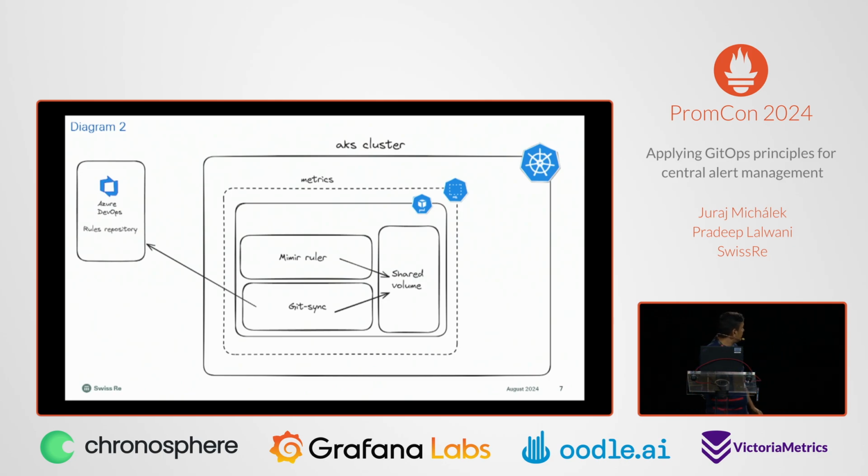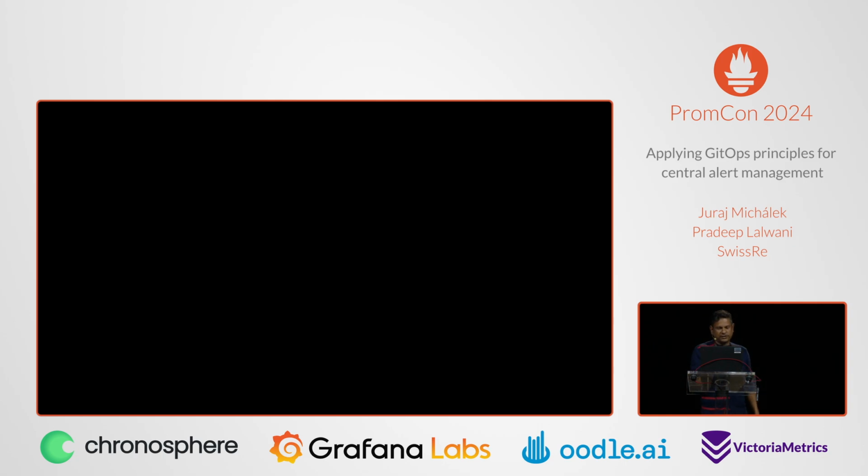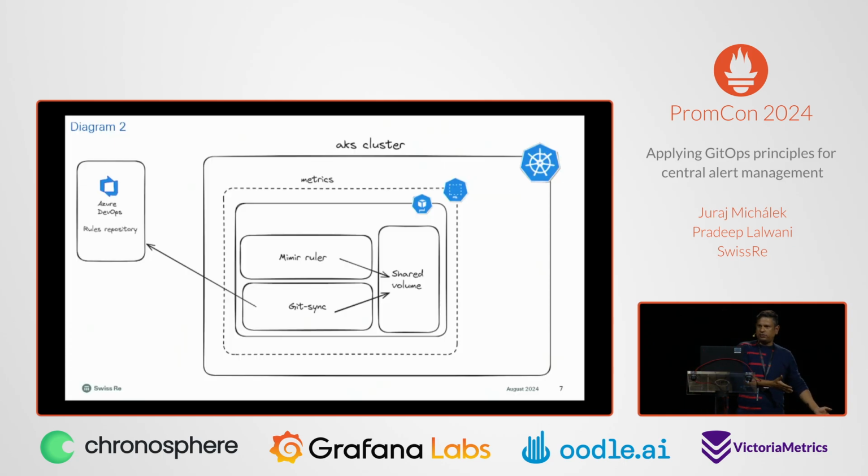So the solution is, as you can see here, we have in our AKS cluster the Mimir ruler. We just attach a sidecar to it, which is Git sync. And there is a repository. We have heavily invested in Azure cloud, so the rules repository lies in Azure Git.